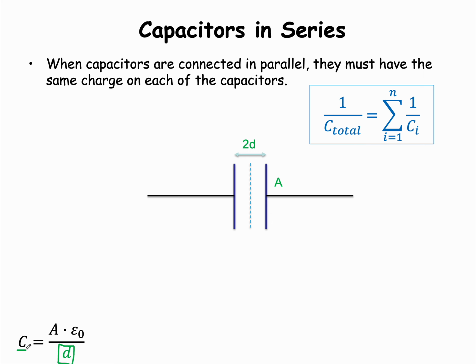And so the equation for capacitors in series, where you have them one after another, is this equation. 1 over the total capacitance, I'm going to write it out just so you can see it, is equal to 1 over the first capacitor plus 1 over the second capacitor, or capacitance, I should say, plus 1 over the third capacitance, and so on, plus dot, dot, dot.